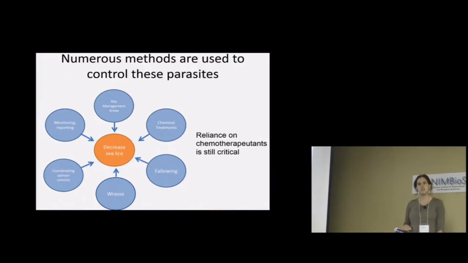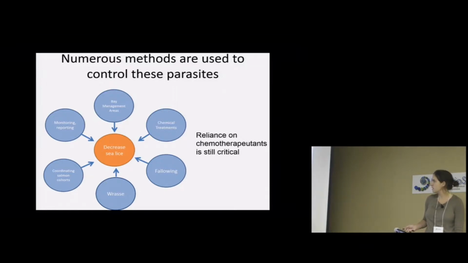A number of methods are used to control sea lice infestations. We've got a lot of integrated pest management, so we have the identification of these bay management areas. They're usually bounded by hydrological boundaries, and within these areas, we coordinate the movement of salmon into the aquaculture pens so that we have single-age cohorts going through, and following that, we will fallow the pens so that we can decrease the abundance of sea lice in these areas.